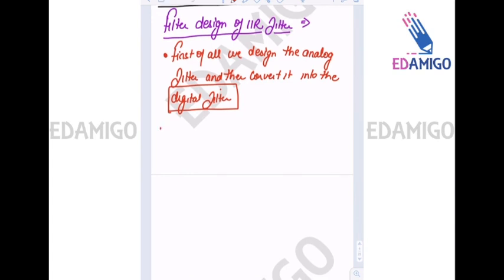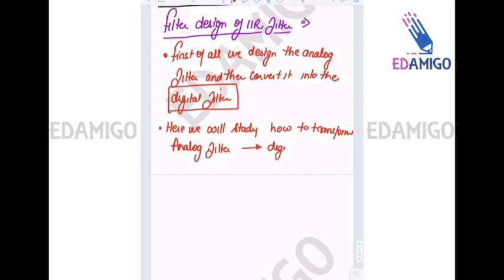Here we will study how to transform an analog filter into a digital filter. Now this is very important. This is the motive of the lecture series.